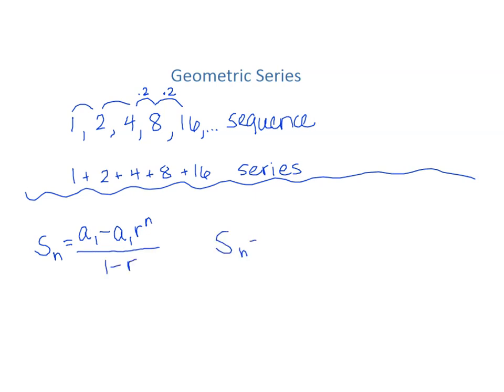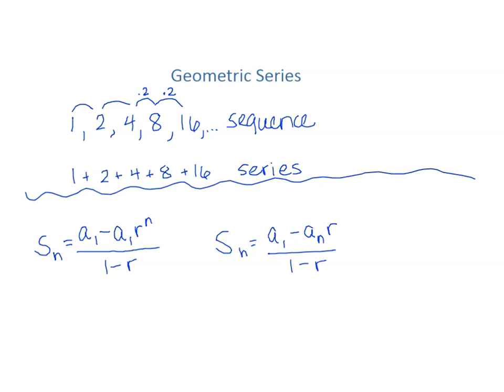There's a second formula. It looks very similar, and it is the first term minus the last term that we're looking for times r, all over 1 minus r.